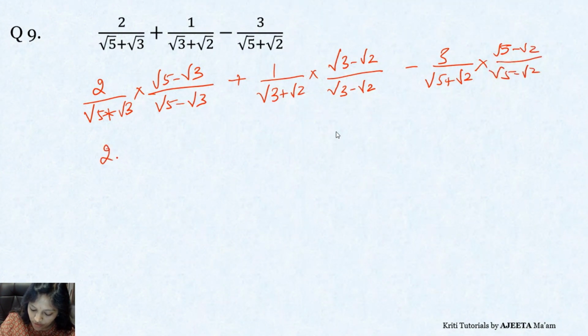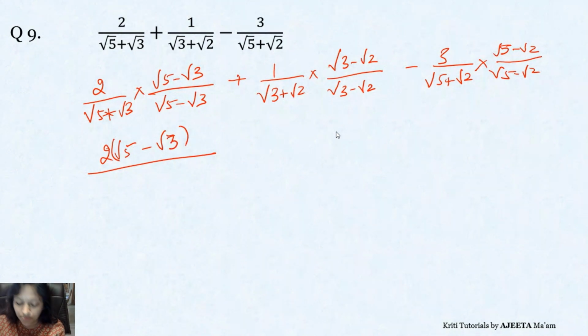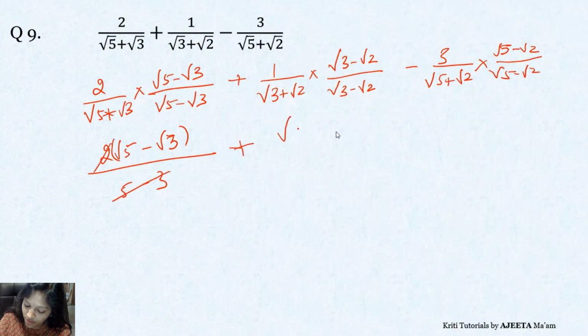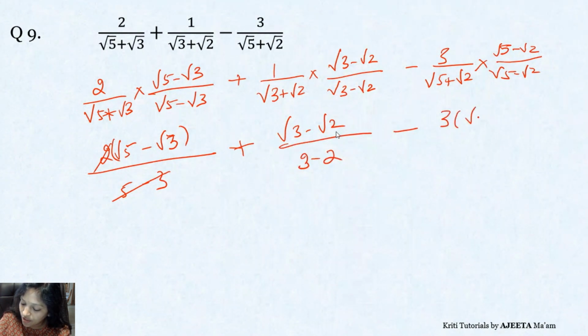So what will you get here? 2 with root 5 minus root 3, and in the denominator you get a plus b, a minus b, so you get 5 minus 3, which is 2. 2 cancels out. Now here root 3 minus root 2, in the denominator you get 3 minus 2, which is 1. Now here 3 into root 5 minus root 2. So again 5 minus 2, which is 3, it cancels out.